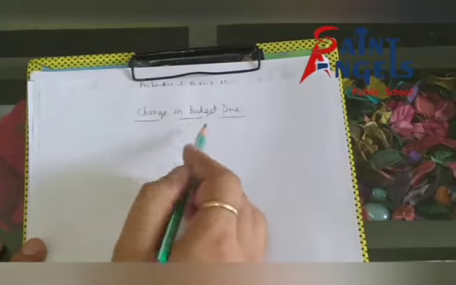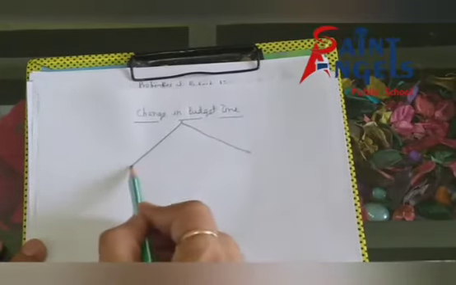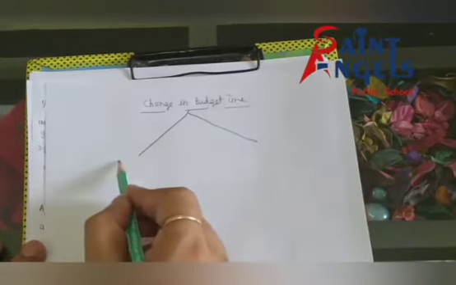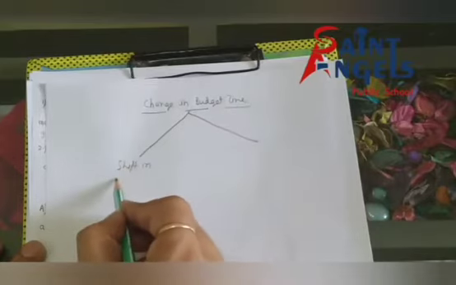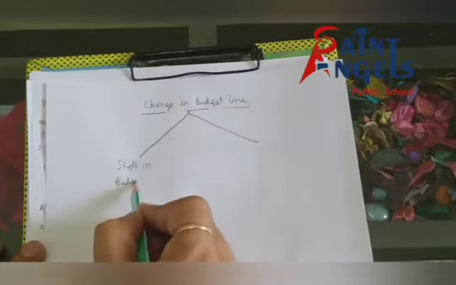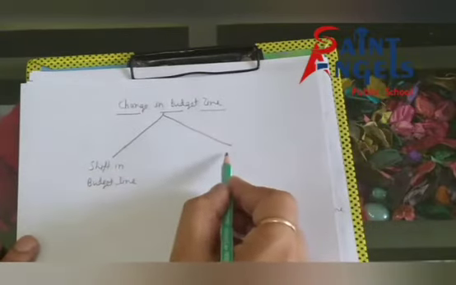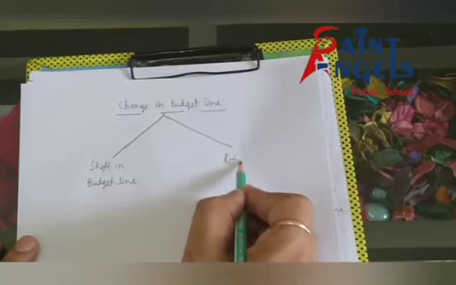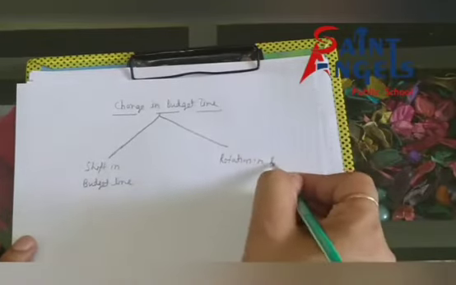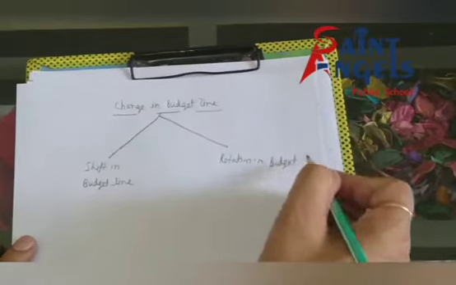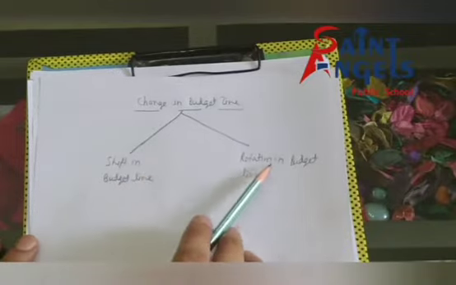Change in budget line has two parts. First, shift in budget line, and second, rotation in budget line.